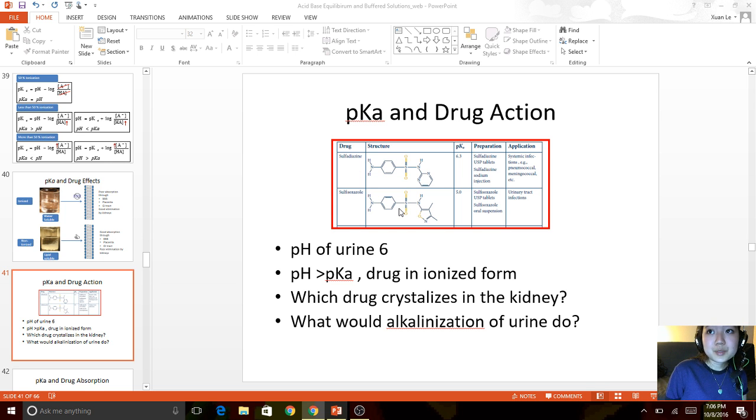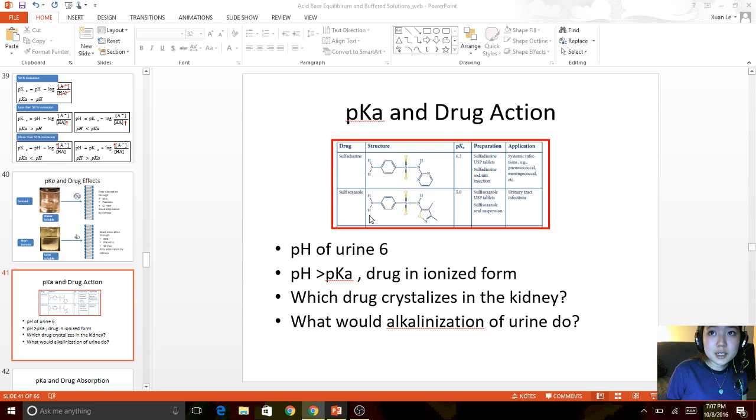So drug 2 will also be more soluble in urine and be eliminated by the kidneys, while the first drug, this one right here, is going to be less soluble in urine and more likely to crystallize in the kidneys because it's not going to be eliminated like drug 2 is going to be.